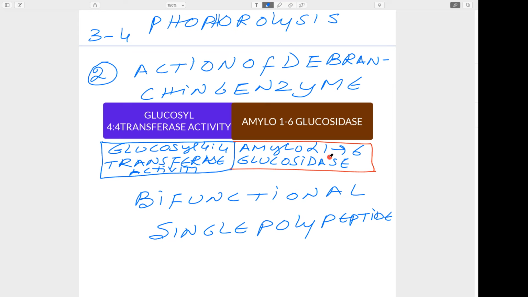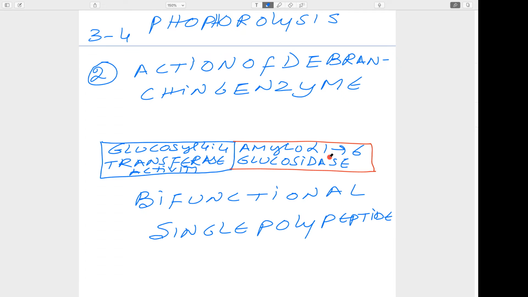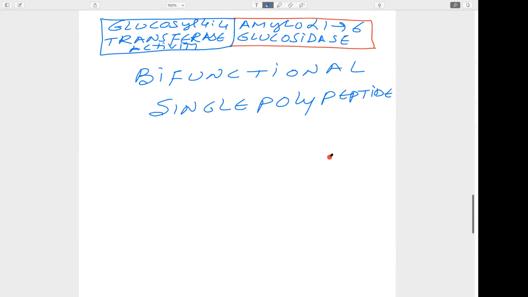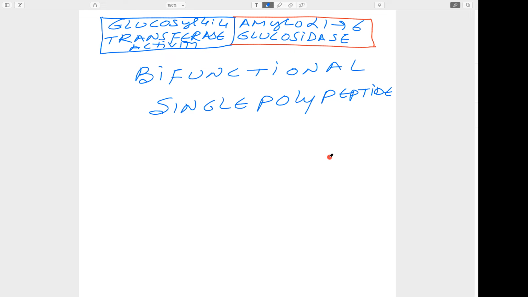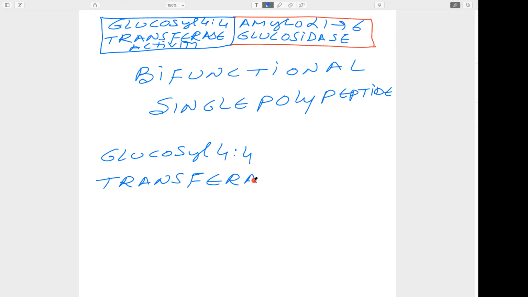So it is a bifunctional enzyme, a single polypeptide having two types of action. Let us see what the first part of the debranching enzyme does, the glucosyl 4,4 transferase activity.